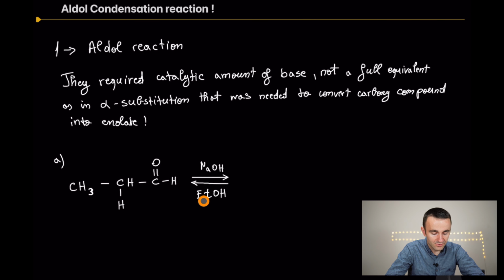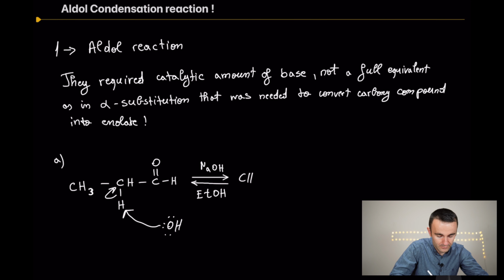In basic condition, in the presence of ethoxide, the ketone is in equilibrium with the enolate, because the OH from the base is going to form the enolate by removing the hydrogen in the alpha position. And this enolate is going to react with propanal.